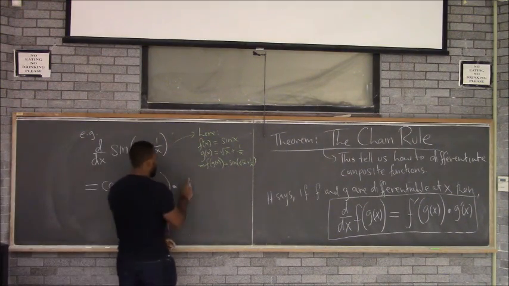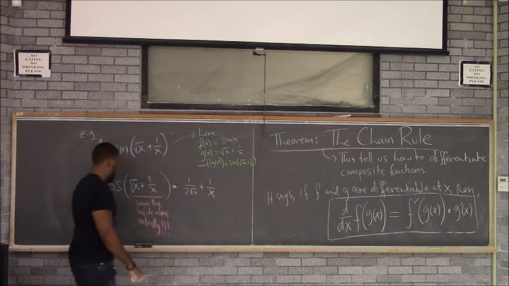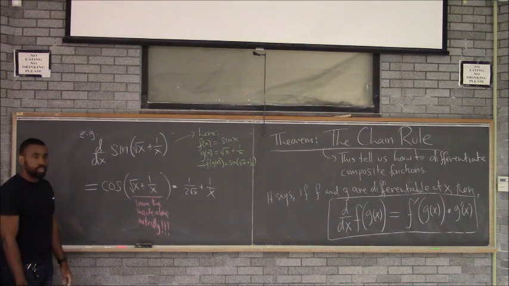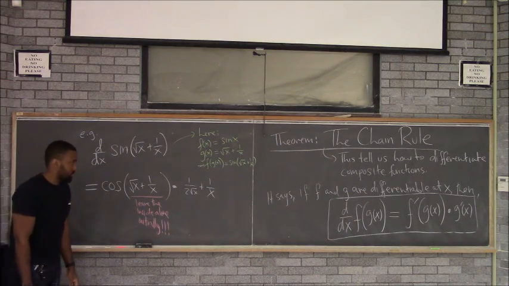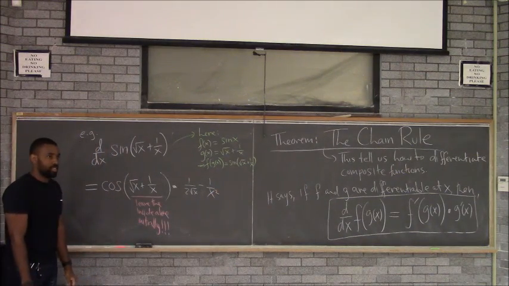So this is going to be 1 over 2 radical x plus 1 over x. And that looks right? What's the problem? Minus 1 over x squared. Is that okay? It's not okay.